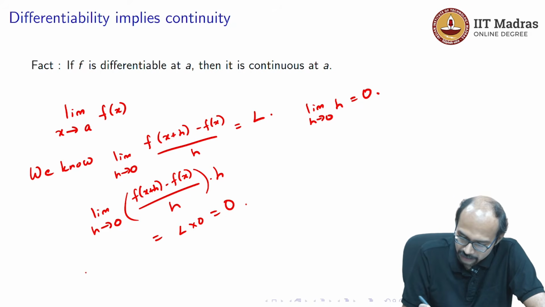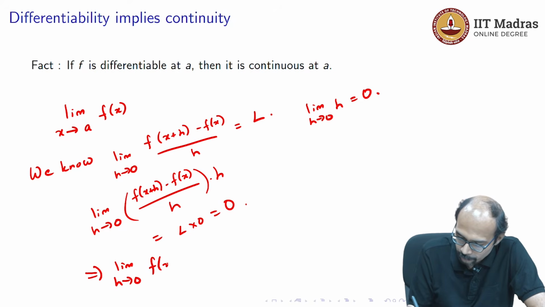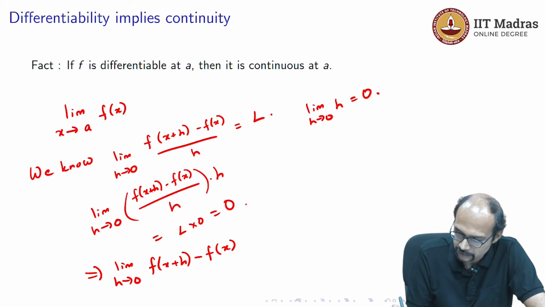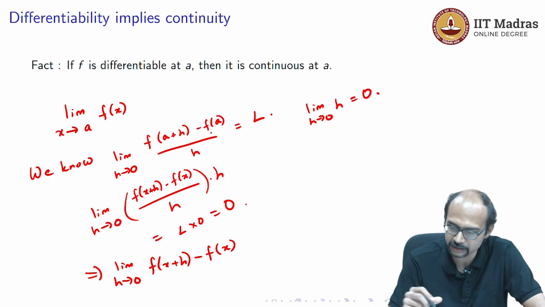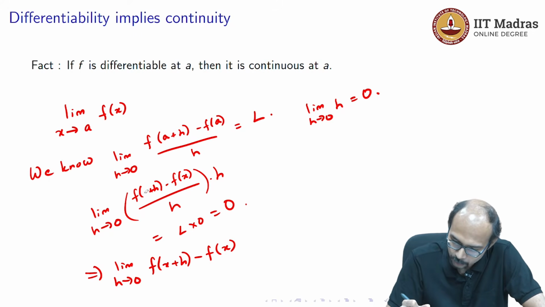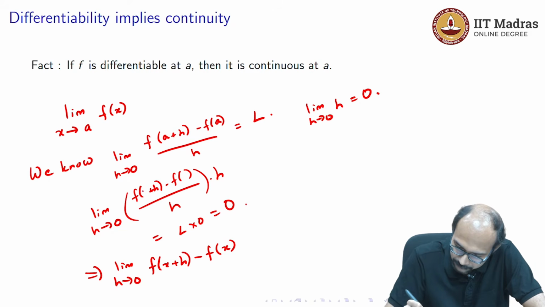But what does that tell us? That means the limit as h tends to 0 of f of x plus h minus f of x is 0. I have to be careful, remember that we know it is differentiable at a, so I should have used a here and not x.